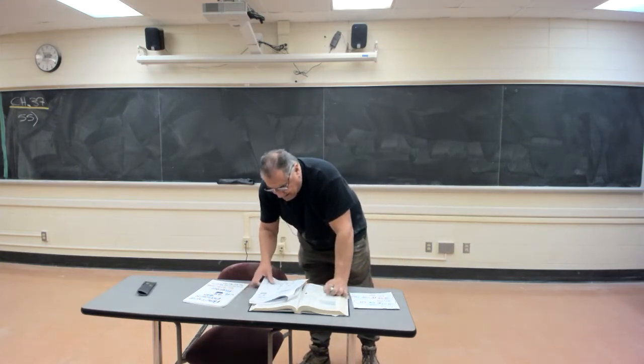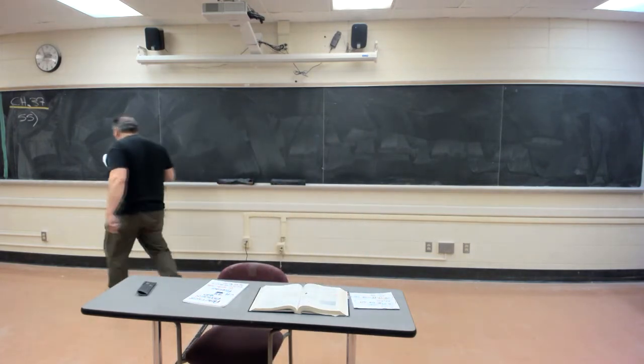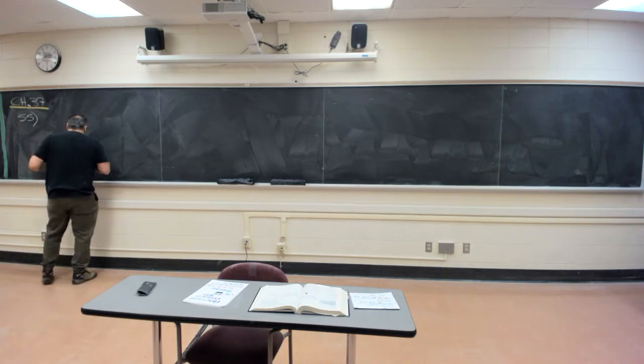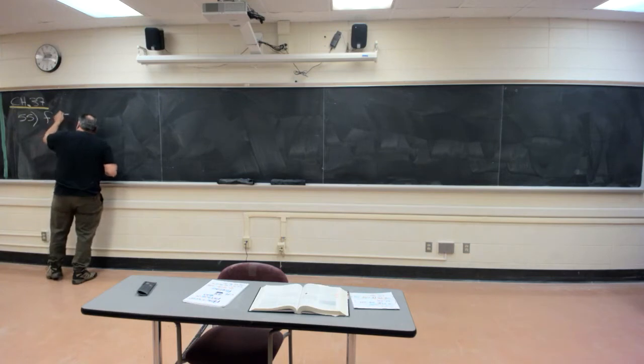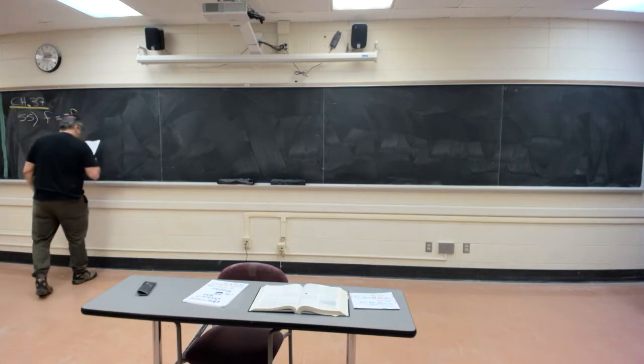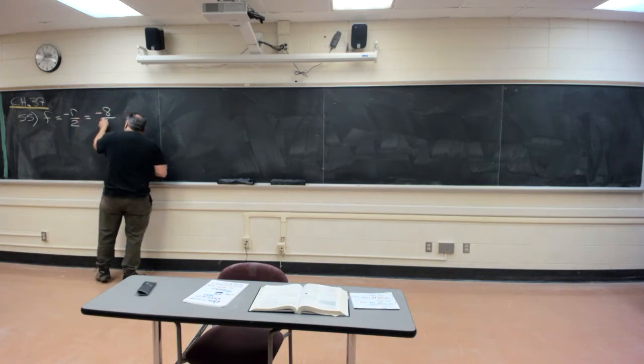The mirror is convex. It's diverging. They use capital R for the radius of curvature; I've used small r in my notes. One or the other is fine. The focal length is negative r over 2, so negative 8 divided by 2.